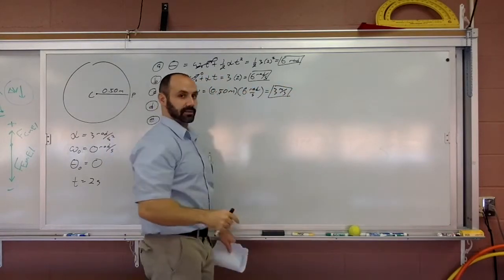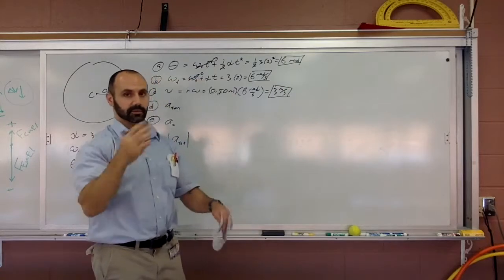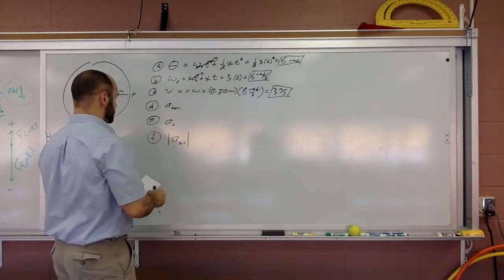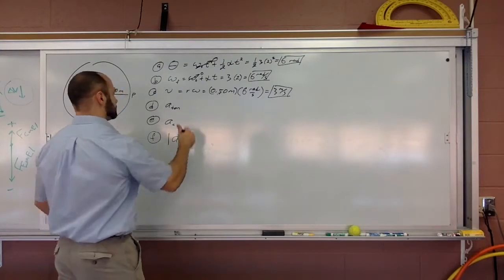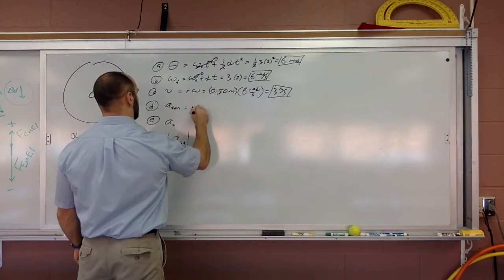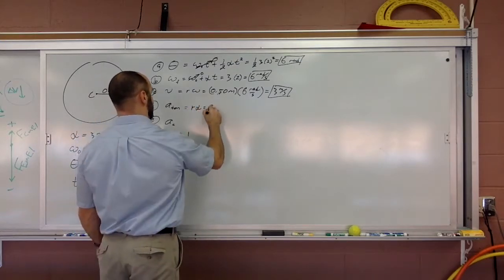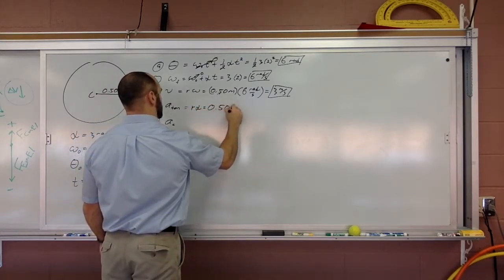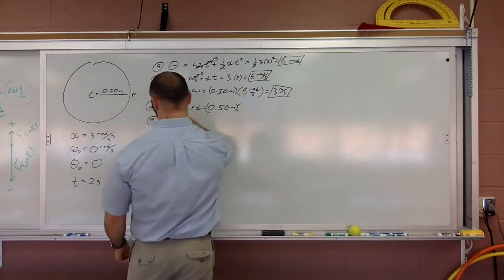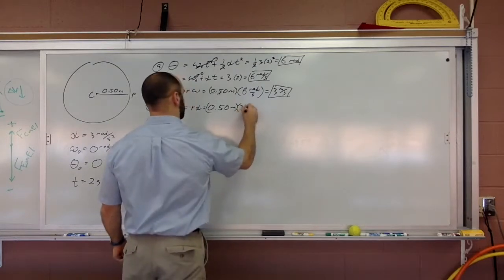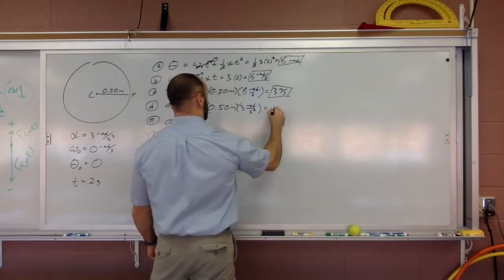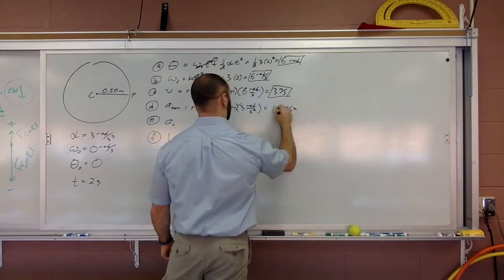Here's one of those crazy places where radians just kind of disappears. You multiply radians by meters, and radians go away. D, the tangential acceleration. How do we get tangential acceleration? Well, that's our alpha. So again, 0.5 meters is the radius times the angular acceleration of 3 radians per square second, and I get 1.5 meters per second squared.